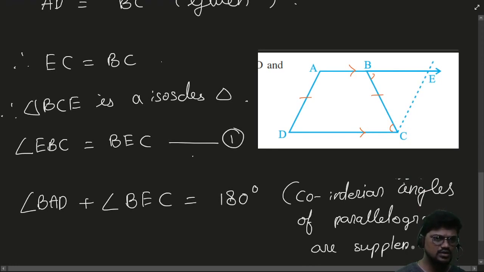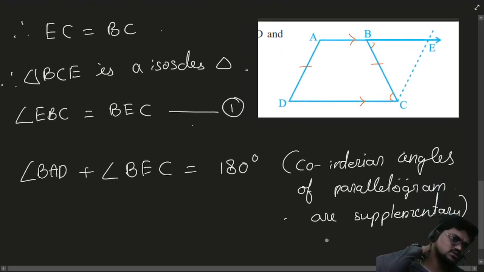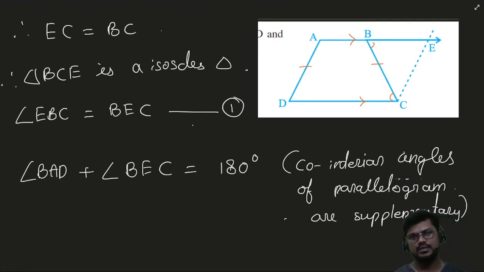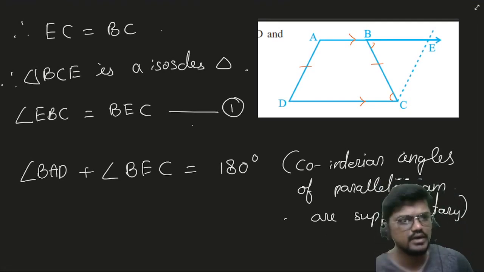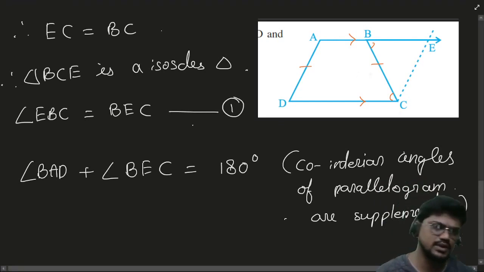Is this clear, or do you want the reason for this? Co-interior angles of a parallelogram are supplementary, and opposite angles of a parallelogram are equal. So the sum of both of them equals 180.